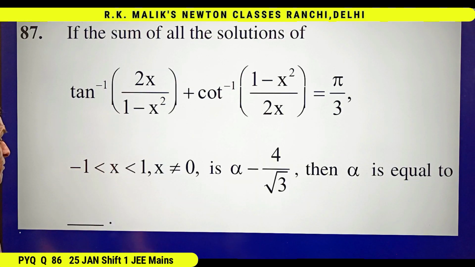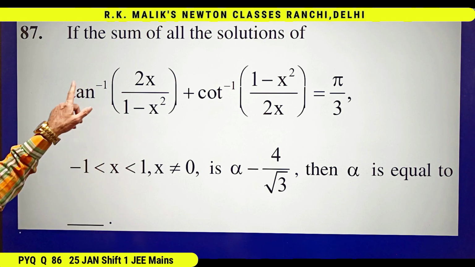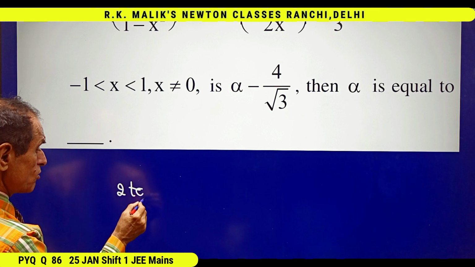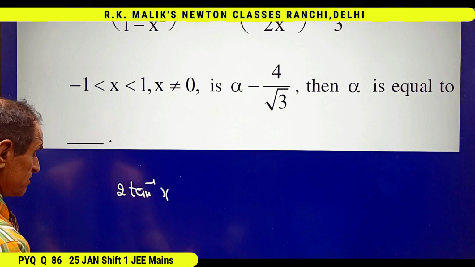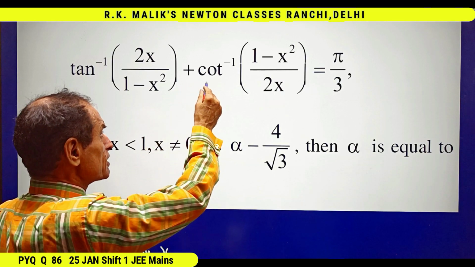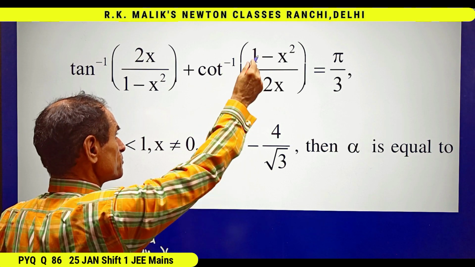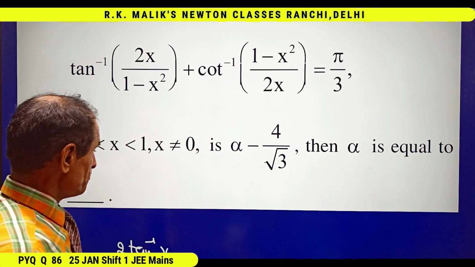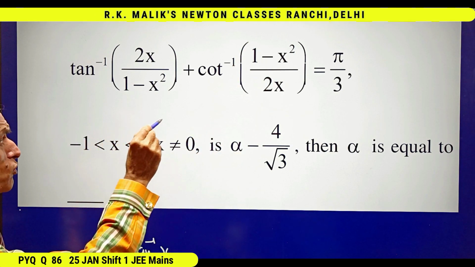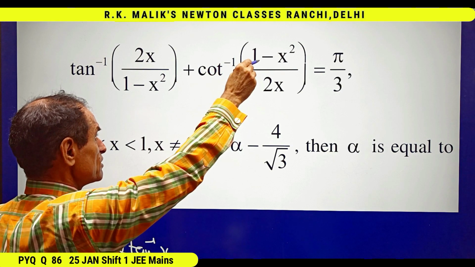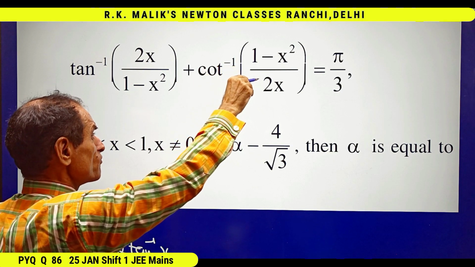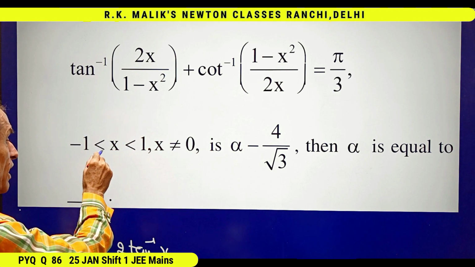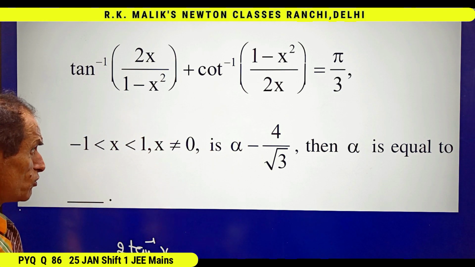Because x is lying between -1 and 1, this can be written directly as 2 tan inverse x. But note that it will be written as tan inverse this upon this only if this whole thing is positive. Therefore, I will have to divide this expression into 2 parts. One part when x is lying between 0 and 1, second part when x is lying between -1 and 0.